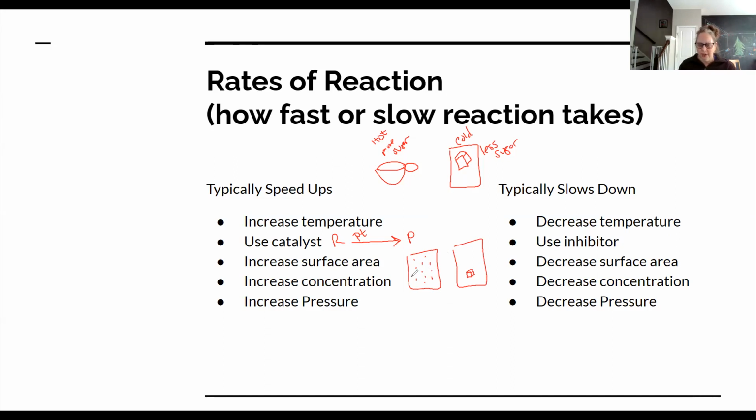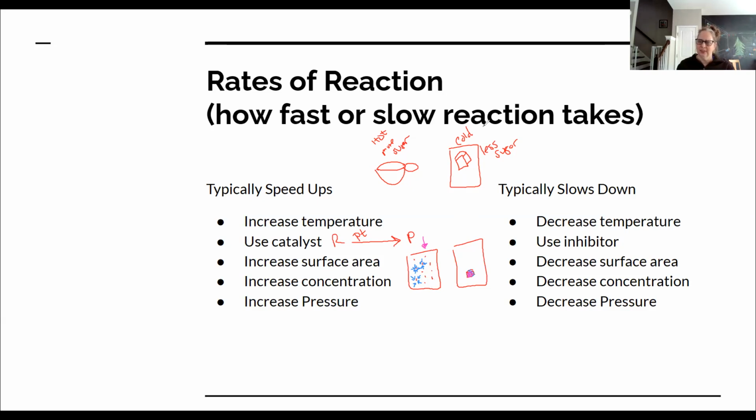Wow, those water molecules can get in between all those little particles a lot faster because there's a lot more surfaces to interact. So a powder is going to have more surface area than a cube. The cube, the water is going to take its sweet time going through the top layer and then going through the next layer. So it's a whole process to break it down. So the sugar will dissolve faster when you have more surface area.